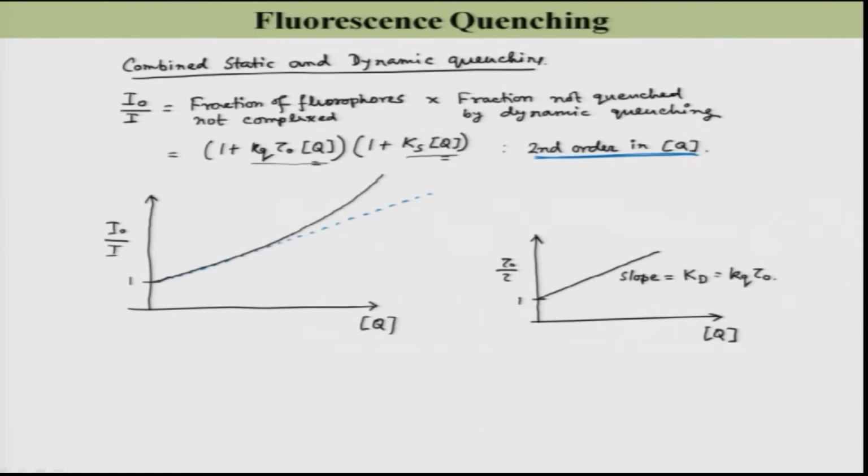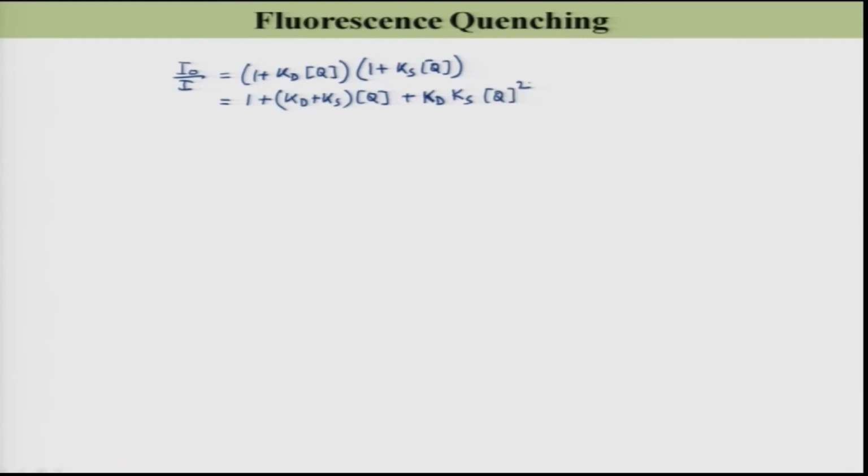Let us do something so that we can get this. Let us write this as I0 by I equal to 1 plus Kd Q into 1 plus Ks into Q. So, as I wrote, let us write it as 1 plus Kd plus Ks into Q plus Kd Ks Q square.